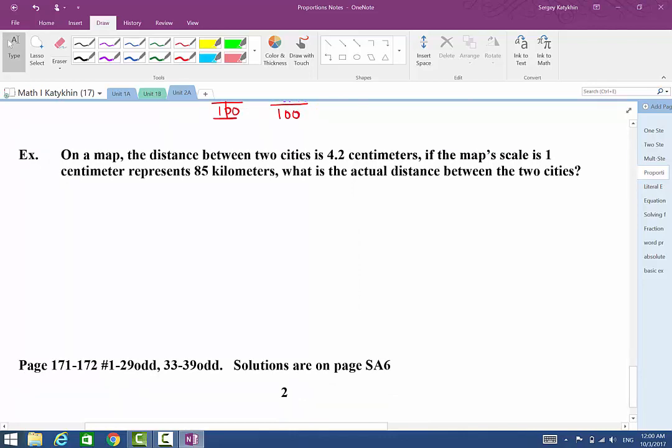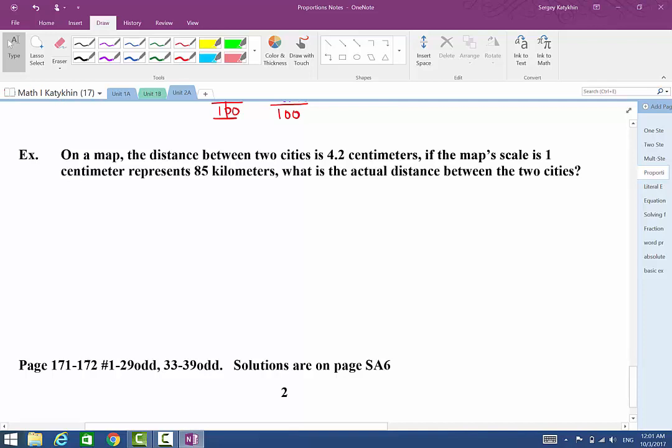On the map, the distance between two cities is 4.2 centimeters. If the map scale is 1 centimeter represents 85 kilometers, what is the actual distance between the two cities? And we see this all the time.